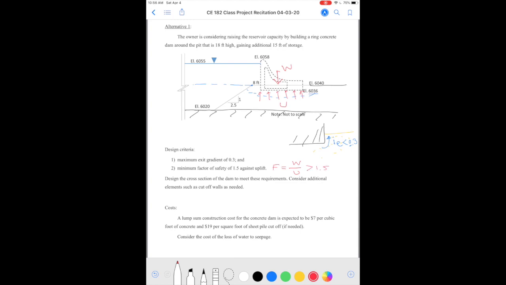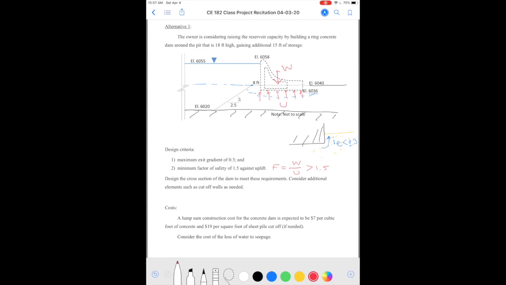Okay, so when you design, build your model in SEEP/W, you can find pressure heads at many points below your dam, and then integrate them over the length of the dam to find the total uplift force. So the idea here is to design the cross section of the dam to meet these requirements and consider additional elements such as cutoff wall as needed.